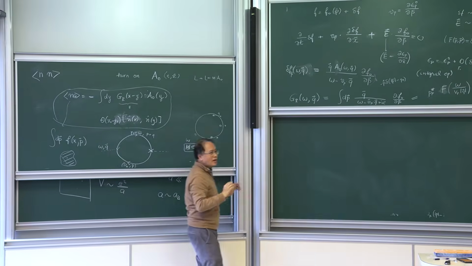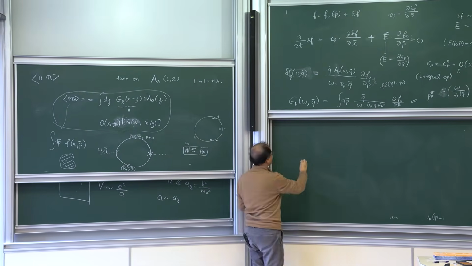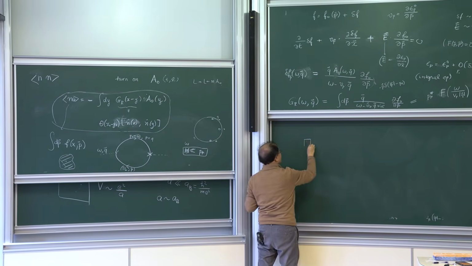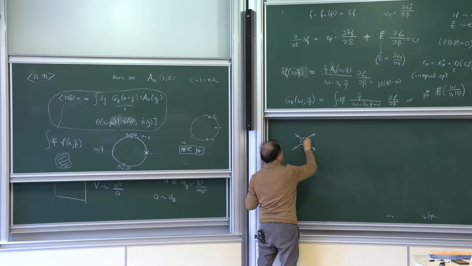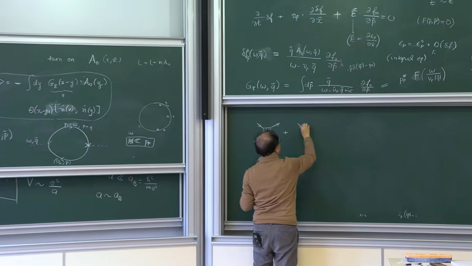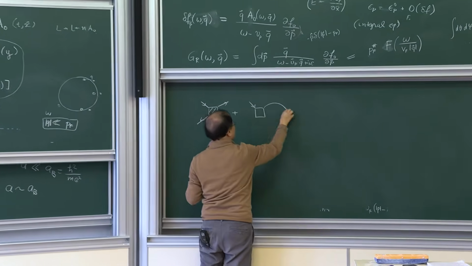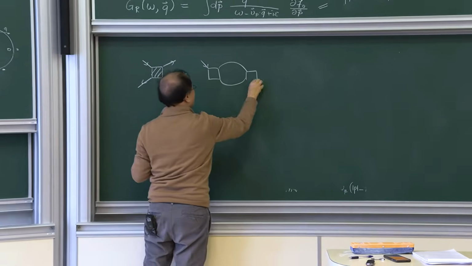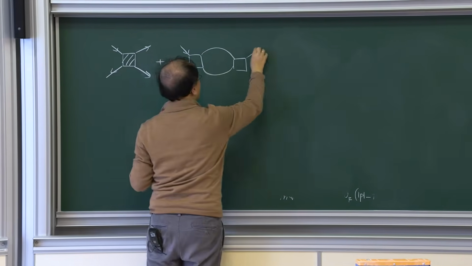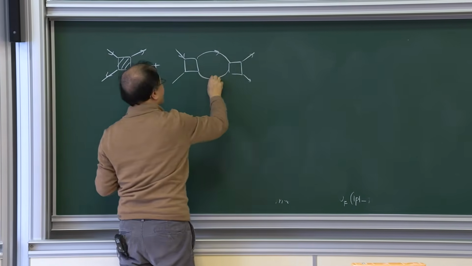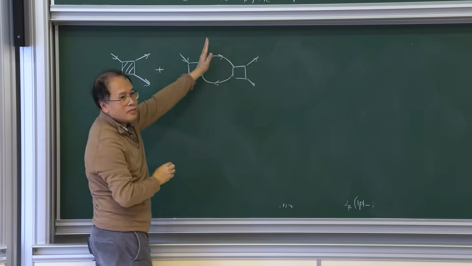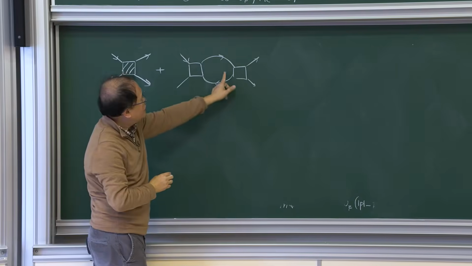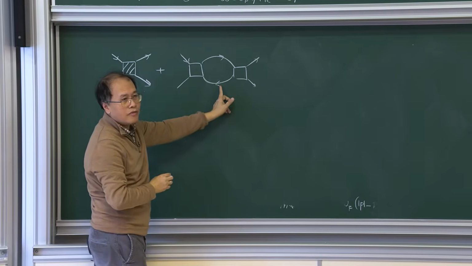It turned out by analyzing the diagrams, one can show that one has to sum up a certain set of diagrams, like particles coming in like this, plus the diagrams that give rise to singular behavior, those that have in some intermediate cut a fermion bubble.